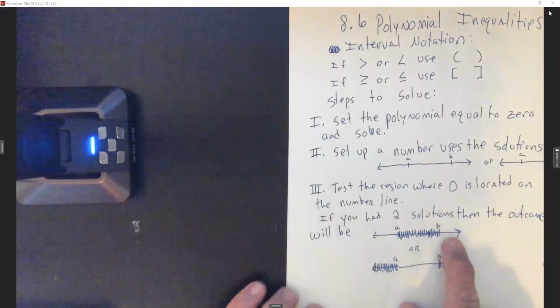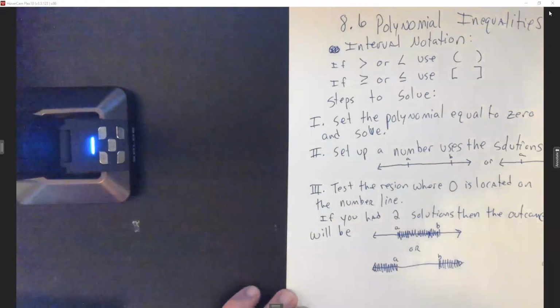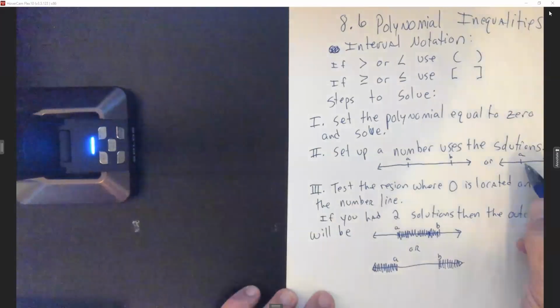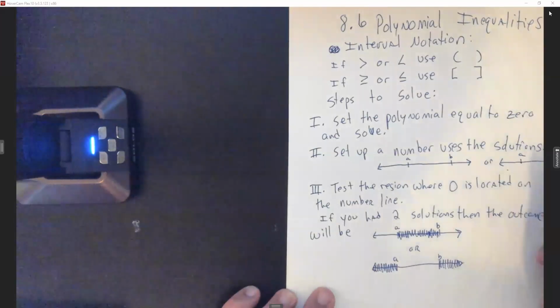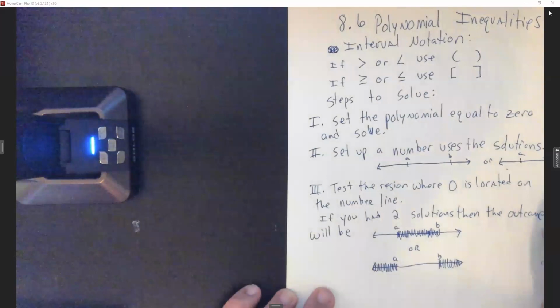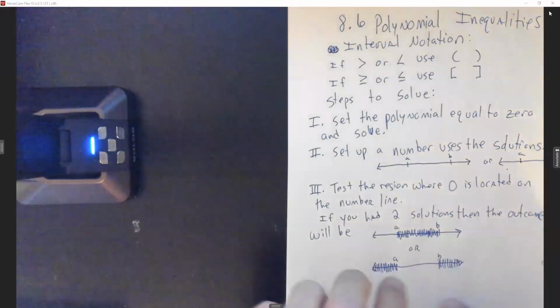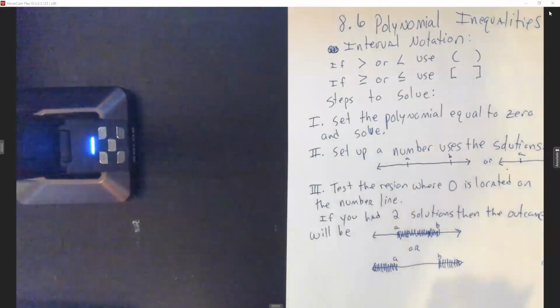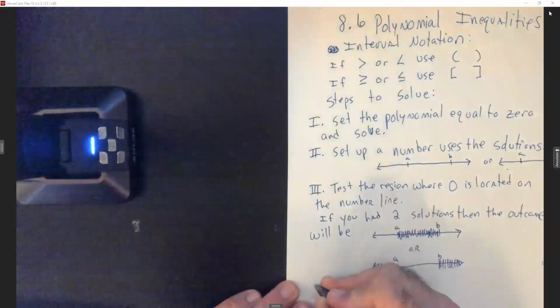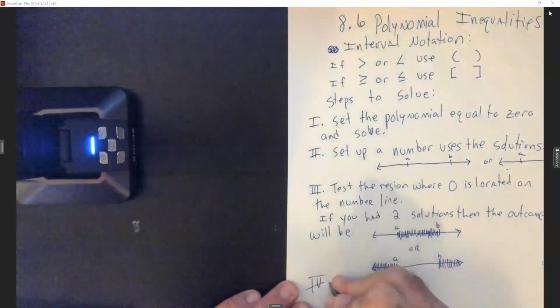Okay? Now, if I only had one answer, say it was like this style here, then I would go negative infinity, union around that number, and then go to positive infinity. You only got to worry about the number lines if you got more than one answer, okay? All right, then my last thing, write interval notation.